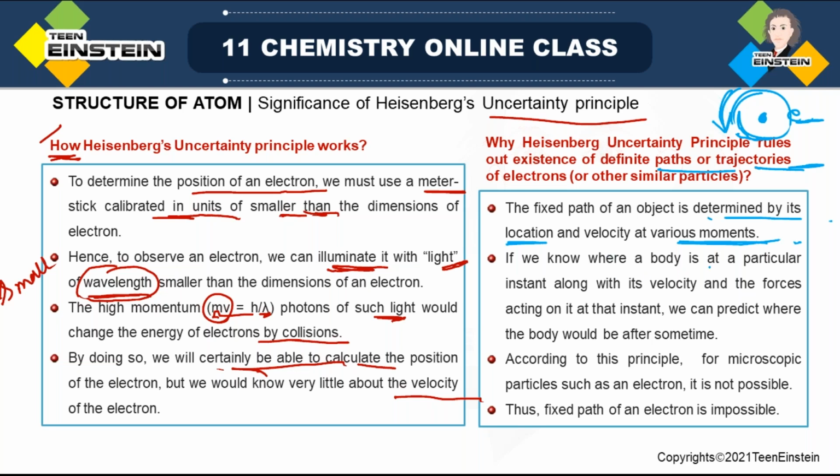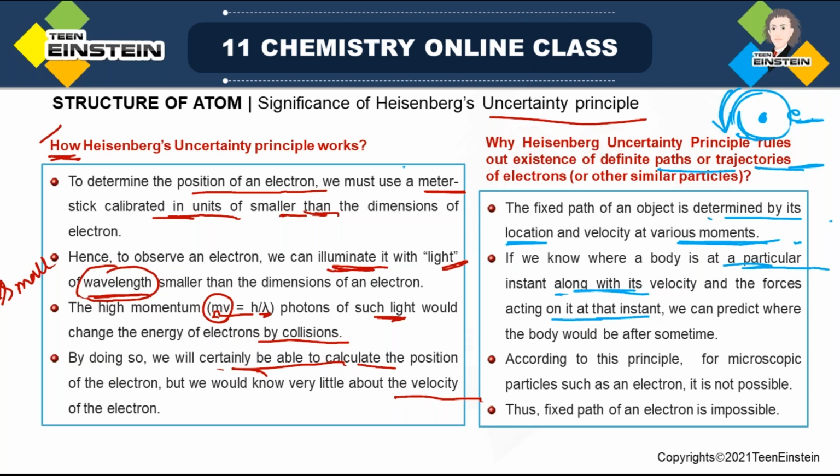Now, if we know where a body is present at a particular instant, and also its velocity and the forces acting on it at that instant, then only can you predict its position after some time, because you are trying to predict the trajectory.